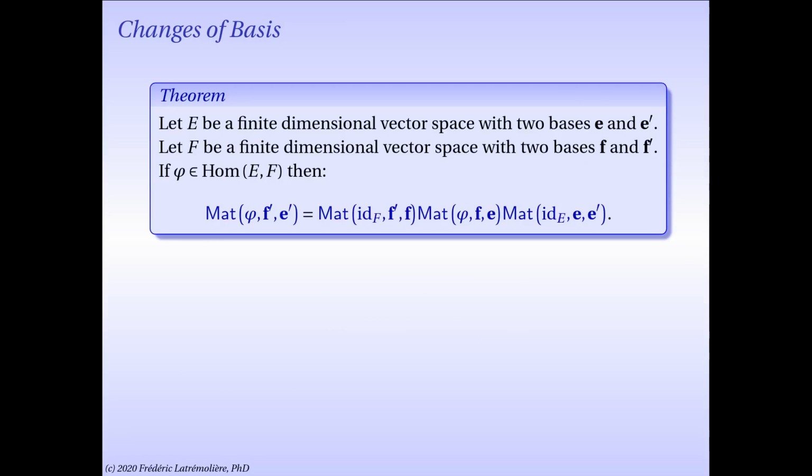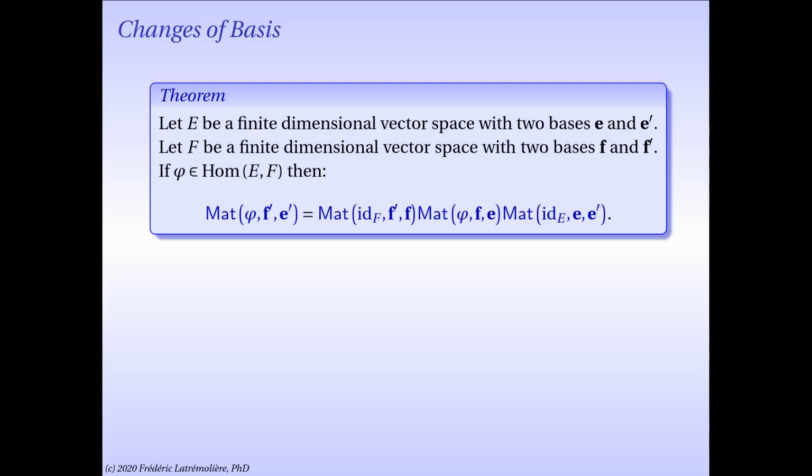With this concept in mind, we now apply our work on composition and multiplication of matrices to state the change of basis formula. Let E be a finite dimensional vector space with two bases, bold E and bold E prime. Let F be a finite dimensional vector space with two bases, bold F and bold F prime.